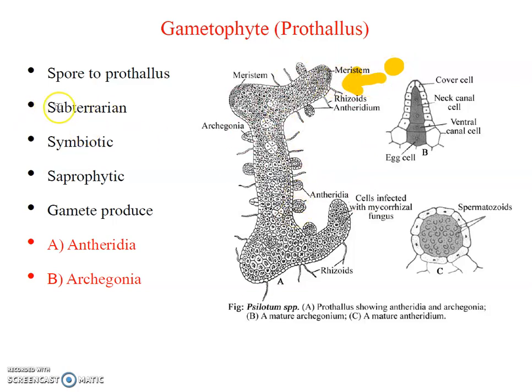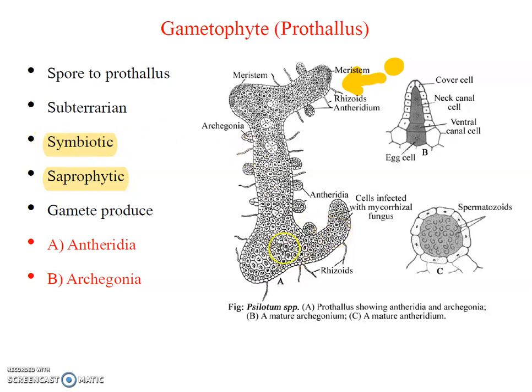It is subterranean, meaning underground: some part is aerial and some part is underground. They cannot produce their own food by photosynthesis because they are somewhat underground, and they are saprophytic in nature. They absorb food material from decayed material in the soil, and they have a symbiotic relationship with fungus.